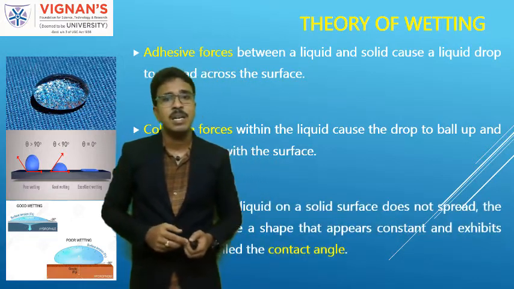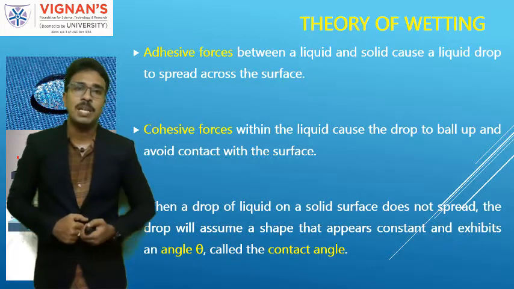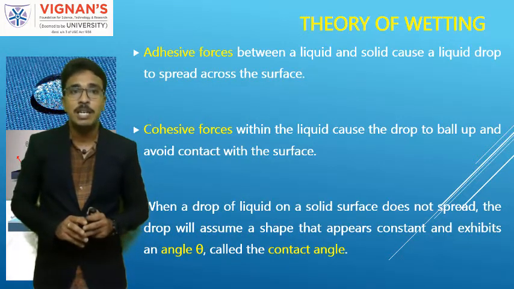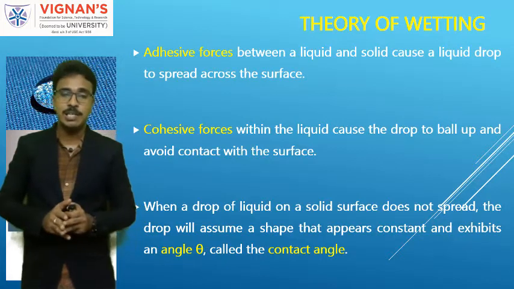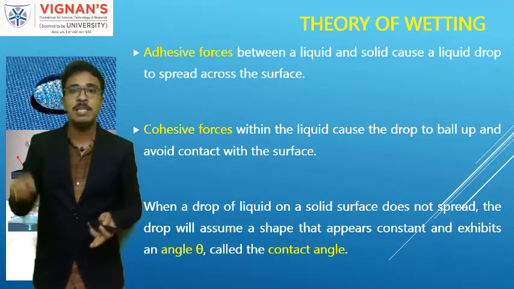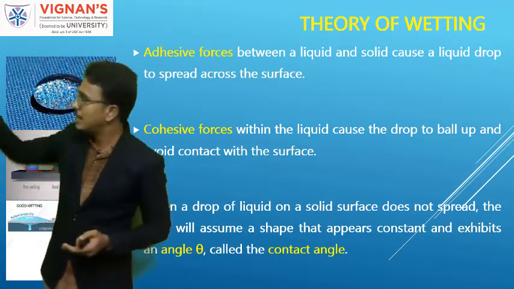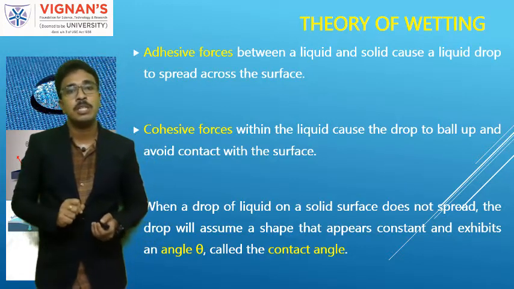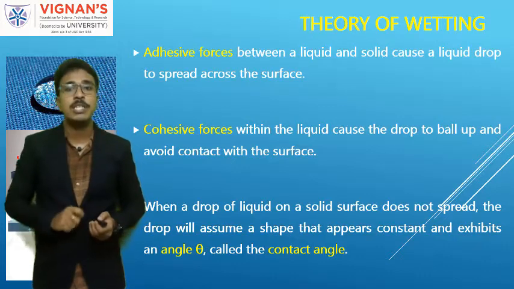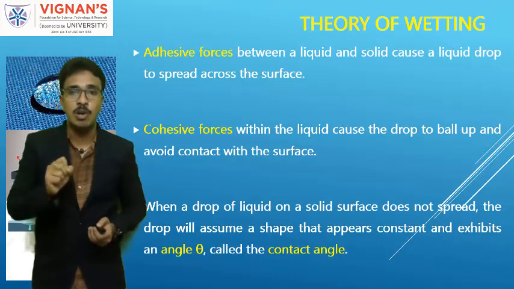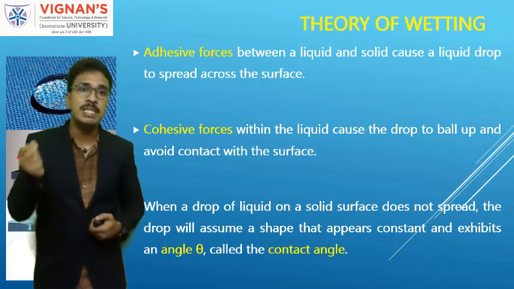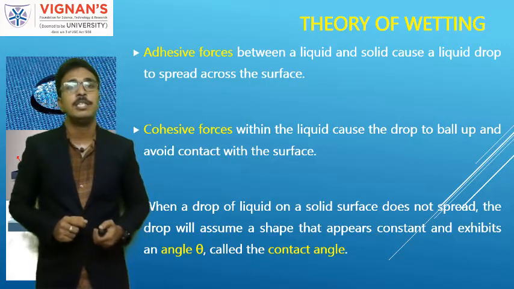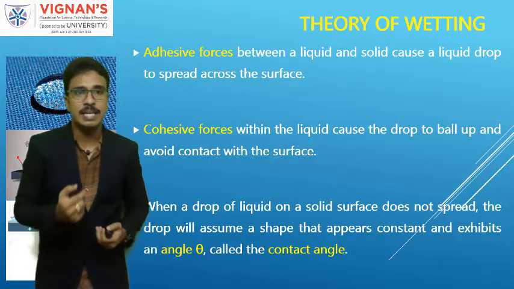Understand? Now, when a drop of liquid on a solid surface does not spread, that means it stays on the fabric surface just like in this image, and the drop will assume a shape that appears constant and exhibits an angle theta, which is called the contact angle.